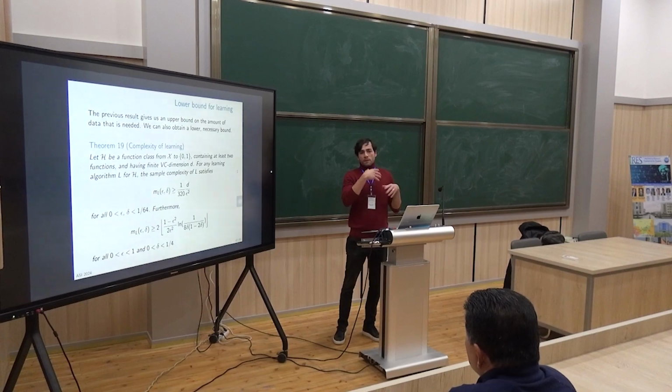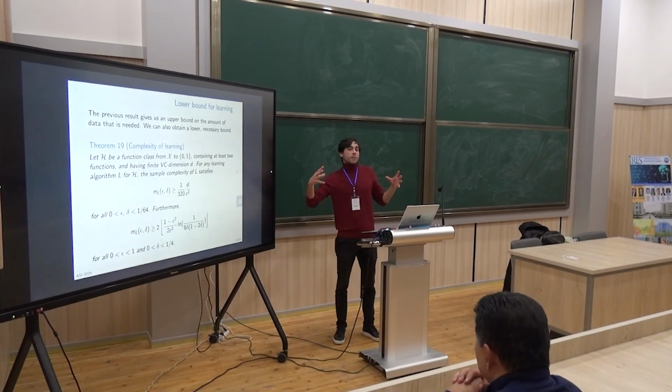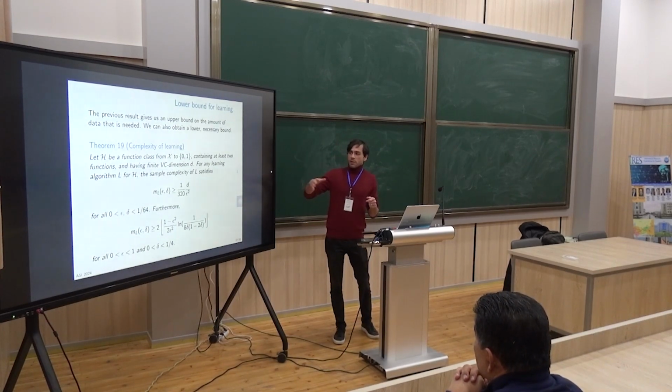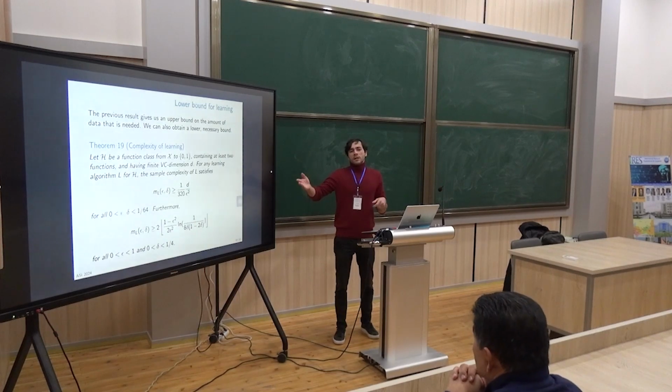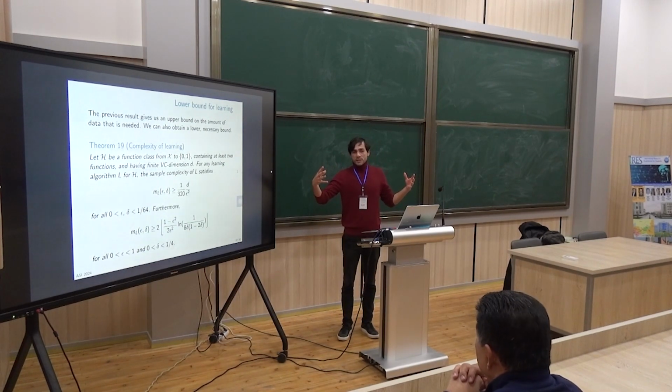But as you imagine that you can collect more data, you allow yourself to pick a bigger hypothesis class. Because what we're seeing here is that if the complexity increases, you need more data. And conversely, if you have more data, maybe you can pick a bigger hypothesis class that allows you to do better.